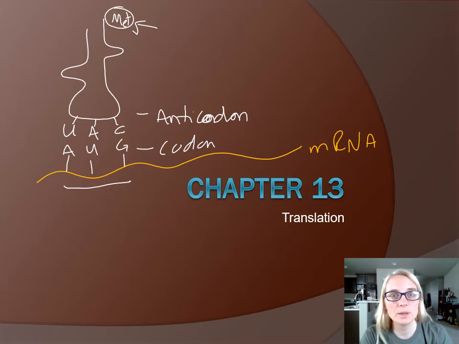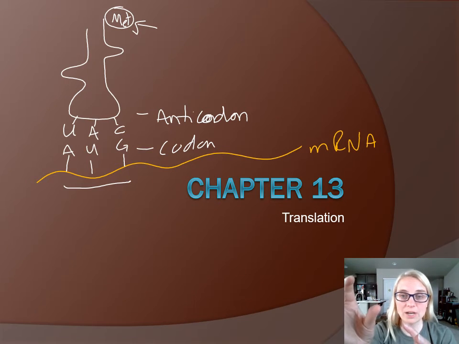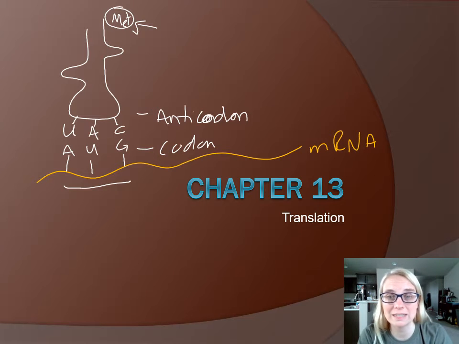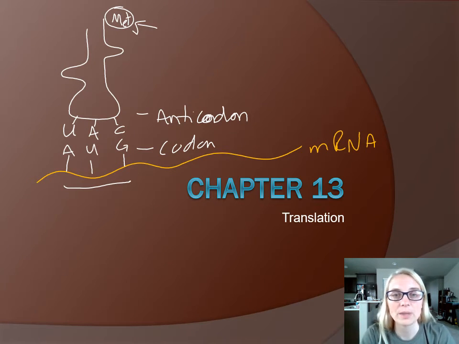There's an enzyme called aminoacyl tRNA synthetase, that's a mouthful, that will find that substrate, the tRNA, and using energy, ATP, hook a new methionine onto that UAC methionine tRNA. And so it'll be ready to bring in another methionine if an AUG shows up in the mRNA sequence.